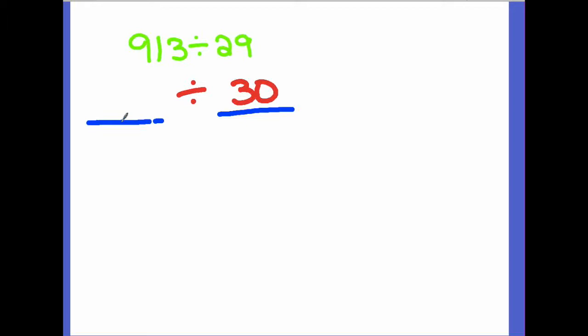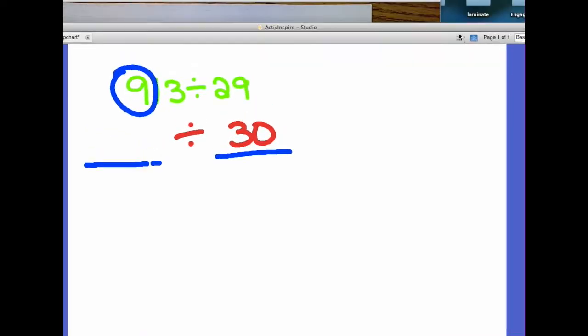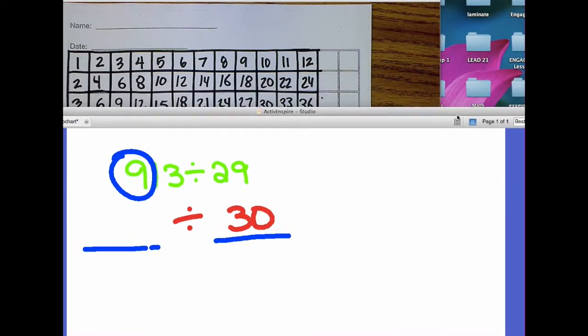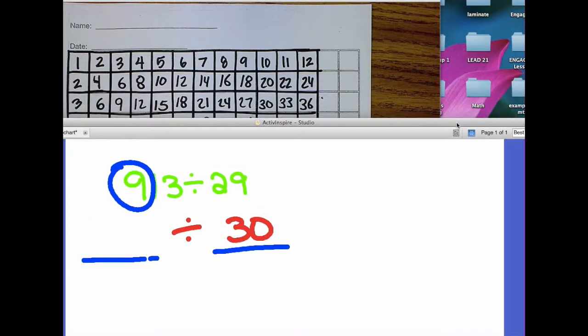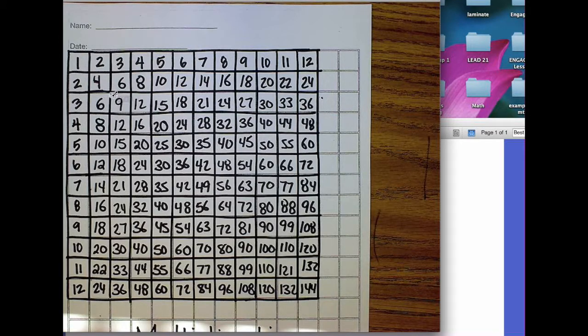So your goal is to now look at the multiples of 3. I'm going to go to my place value chart. That number starts with a 9. And I look at it. That's right here.